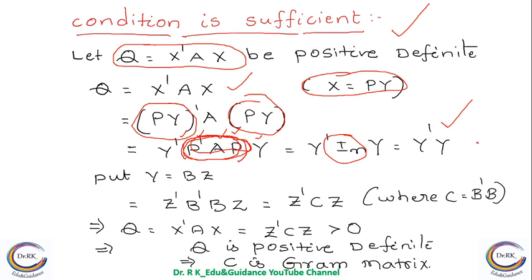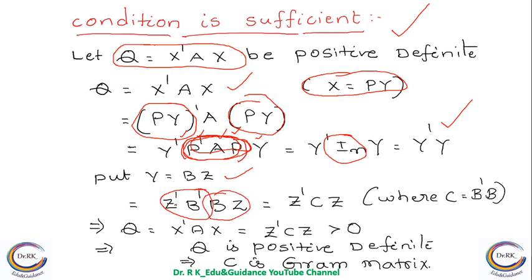Now we'll take another transformation. Like what we have been doing, we transformed X in terms of Y by using X equal to PY. Now we'll take another transformation, Y equal to some matrix B into Z. So if we use this here, Y equal to BZ, then what happens? BZ whole transpose, that means Z transpose B transpose, the same logic, and Y is BZ.